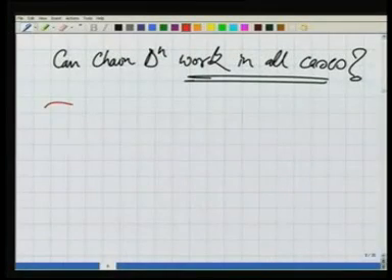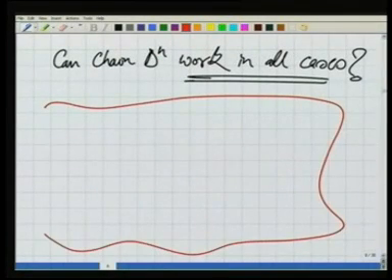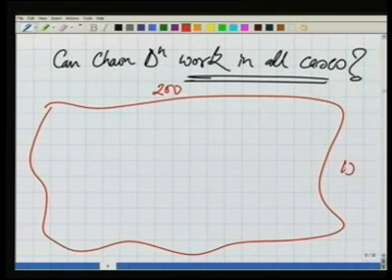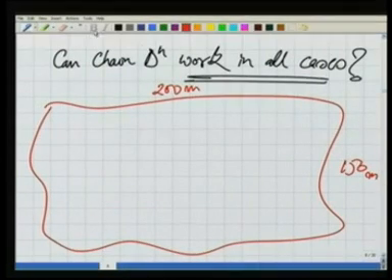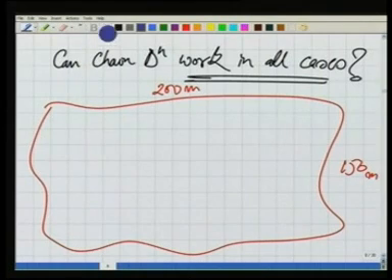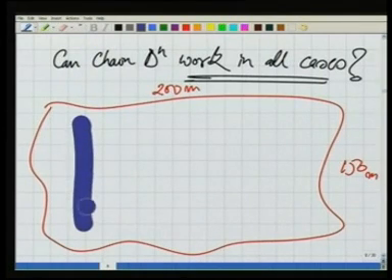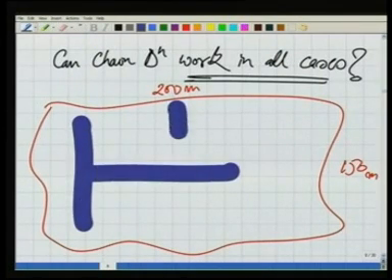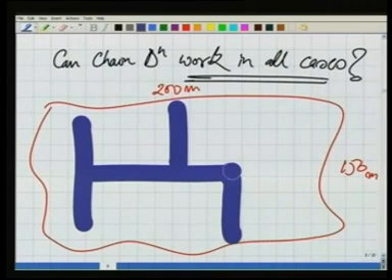I'm going to make a map here, or maybe an area. Let us say there is an area, and this is the boundary of the area. The size of the area is, for example, again 200 and 150 meter. There are a couple of roads, all these are the roads here.